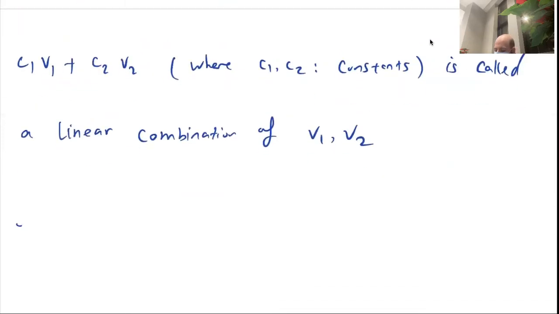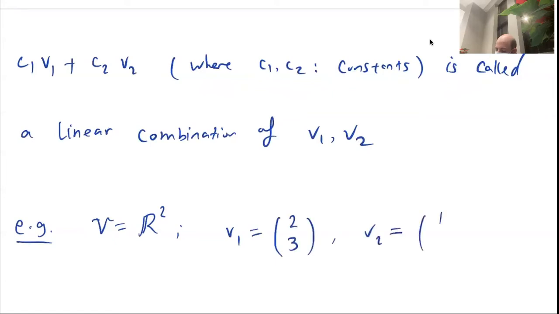So for example, if V is equal to R2, and let's say V1 is equal to (2, 3) and V2 is equal to (1, 4).